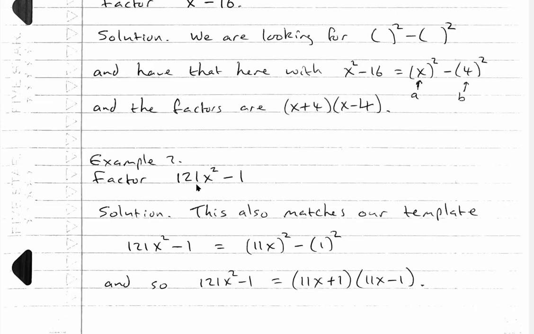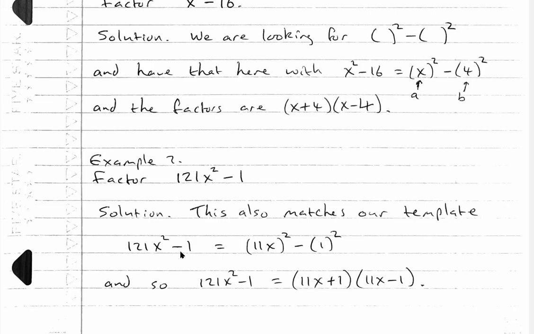This one has got a bigger number. Well, this is a more complicated square. We can recognize 1 as 1 squared. And 121, we can recognize that as 11 squared.